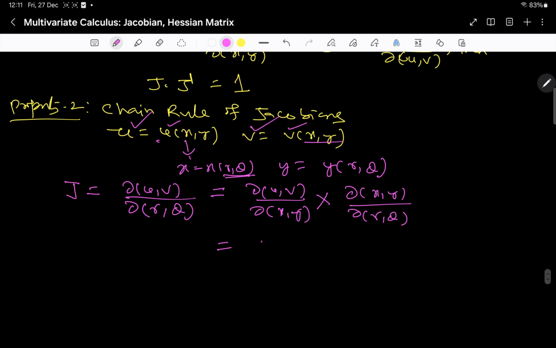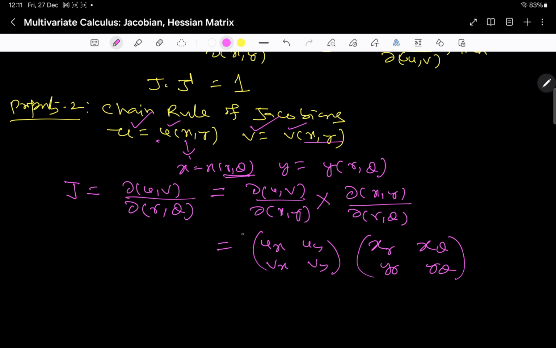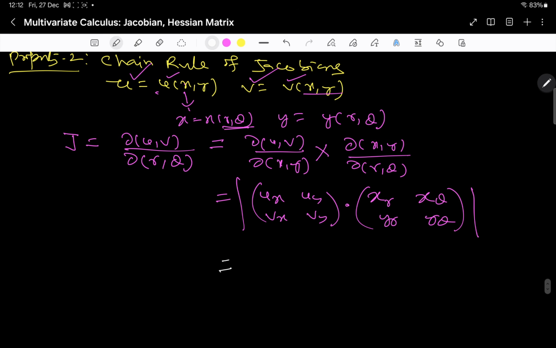Accordingly, this will be the determinant of ux uy vx vy, and this will be xr x theta yr y theta. So you find the product of these matrices, then you take the determinant.